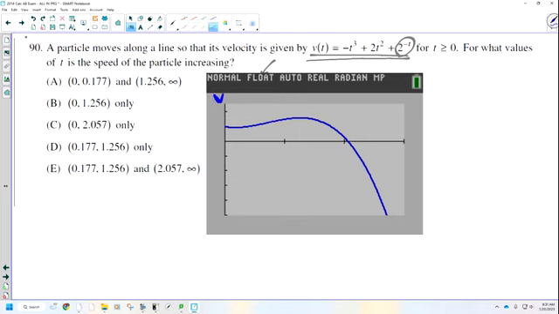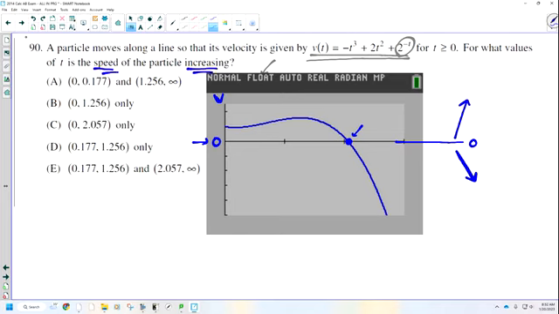So if I want to know whether I'm speeding up or slowing down just by looking at the graph of velocity, if this x-axis is a speed of 0, anytime I'm going away from the x-axis, I'm speeding up. When is the speed increasing? Anytime I'm going away. Anytime I'm coming closer to the x-axis, I'm slowing down because I'm approaching a speed of 0. Does that make sense?